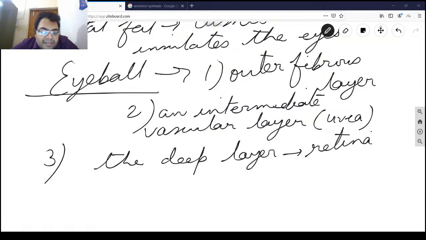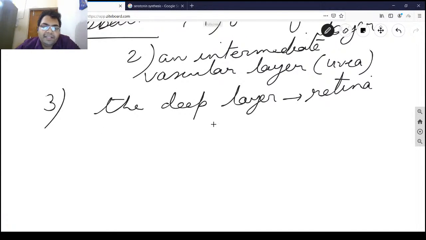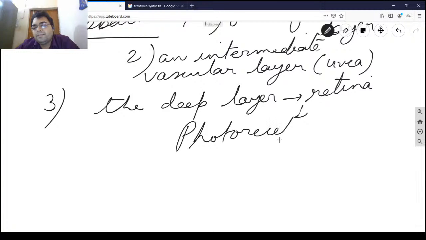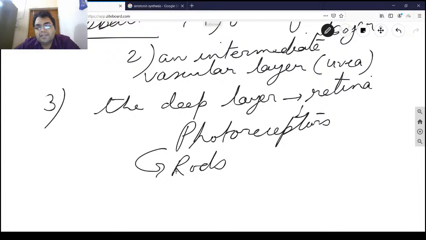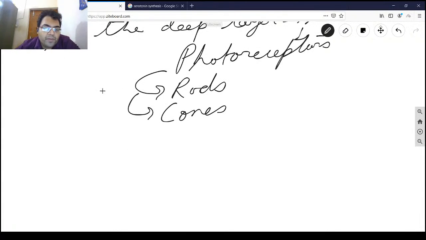There is one more photoreceptor. In the retina, we have rods, we have cones, and we have one more photoreceptor that only few people know. These are known as intrinsically photosensitive retinal ganglion cells.